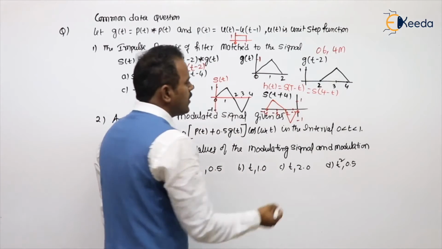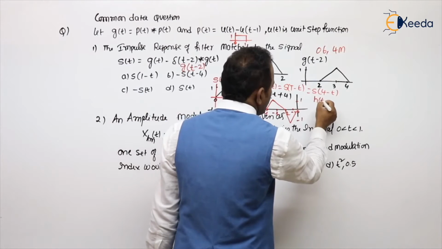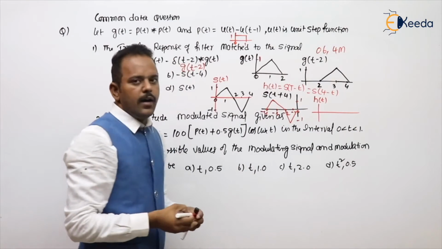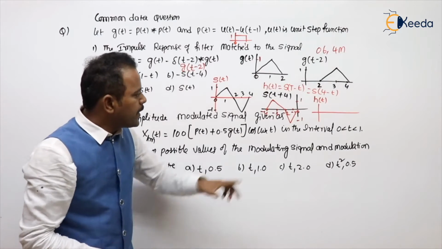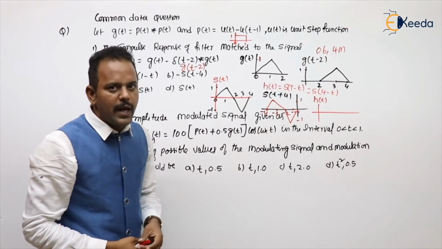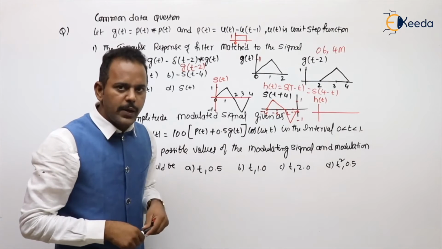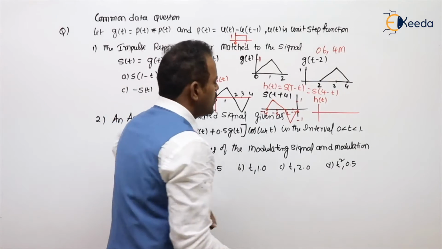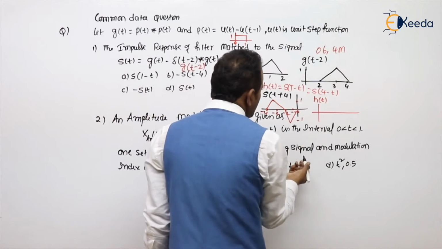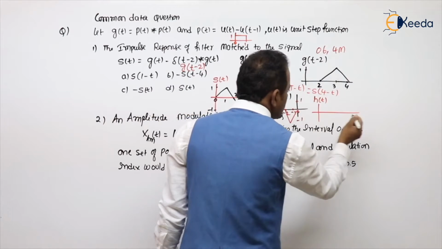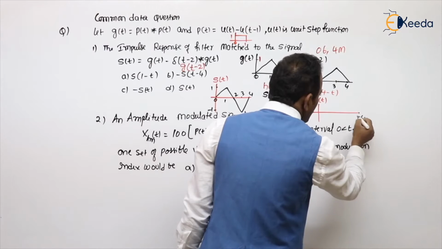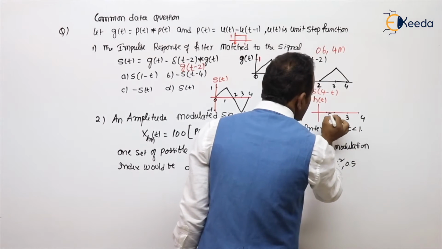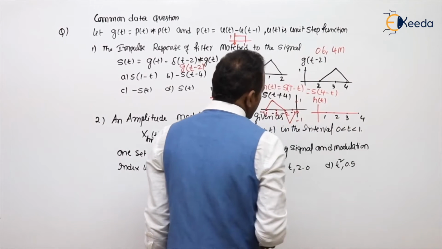Now what is h(t), sir? h(t) is nothing but the above one. Above one means what is another operation we have to do? Replace t with minus t. How to get the reversal operation, sir? Multiply all the t values by a negative sign. So minus 4 will be at plus 4, minus 3 will be at plus 3, minus 2 will be at plus 2, minus 1 will be at plus 1.